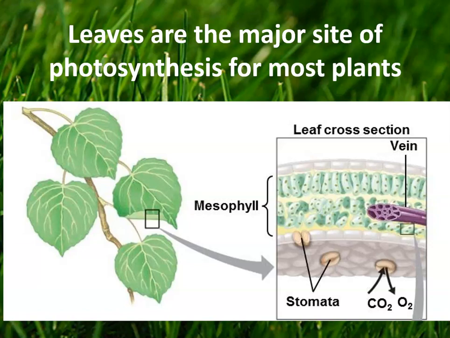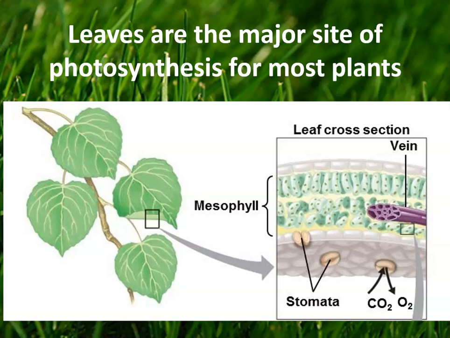Along with the mesophyll, where the chloroplasts are found and photosynthesis directly takes place, there needs to be gas exchange. So the stomata, which are typically on the underside of the leaf, are pores or openings in the leaf where gases can go in and out. Gases like carbon dioxide, oxygen, and although not shown here, also water vapor.